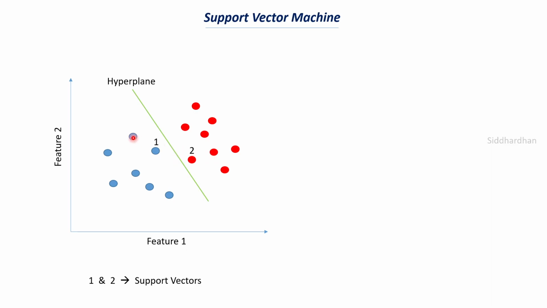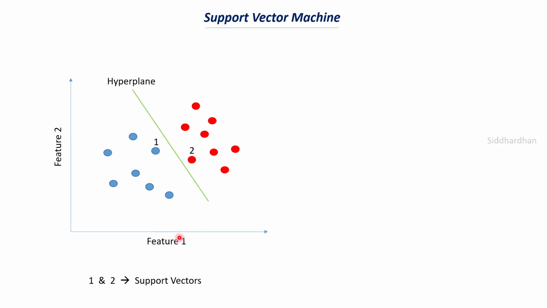Then this will be our data point which is close to the hyperplane, and it will take shape something like this. The main thing to understand here is that if the location of the support vectors changes, the hyperplane also changes. So when you give a new data point, it tries to find on which side that new data point belongs. Let's say this represents the people who don't have Parkinson's, and the second red set of data points represents people with Parkinson's.